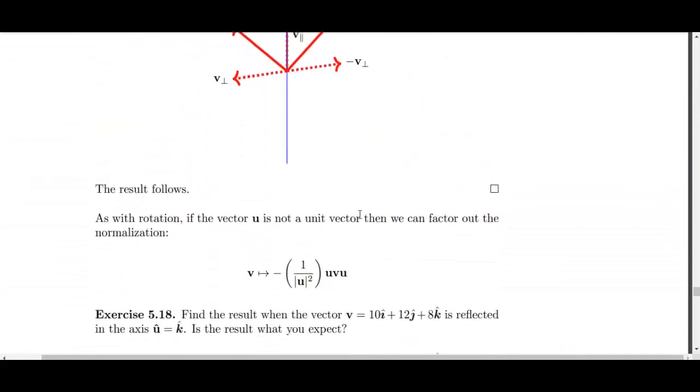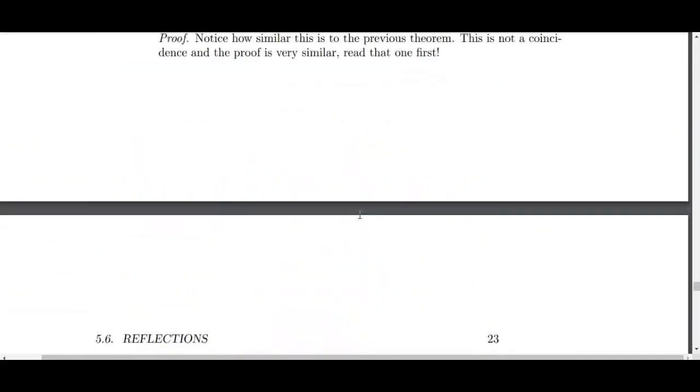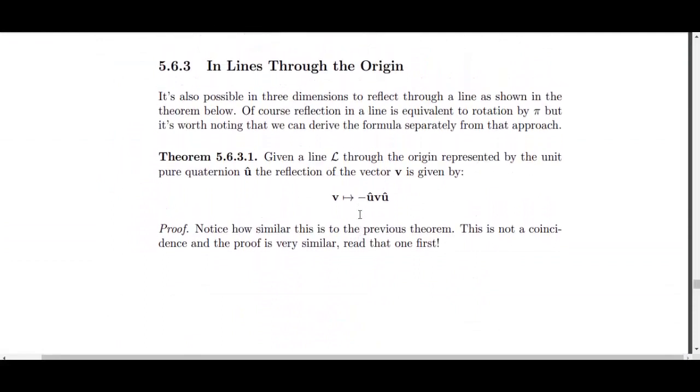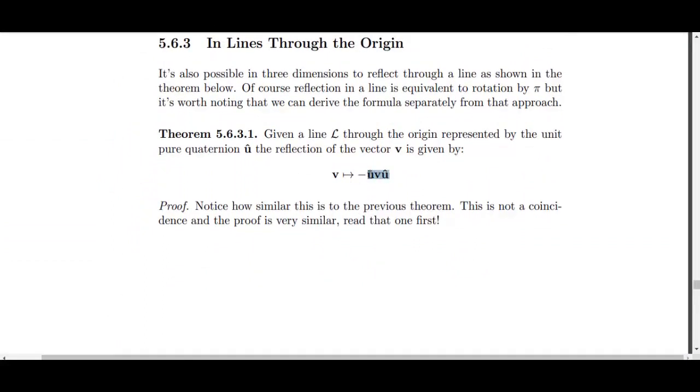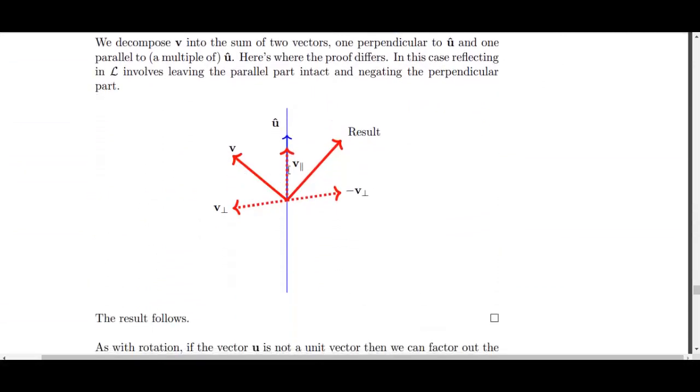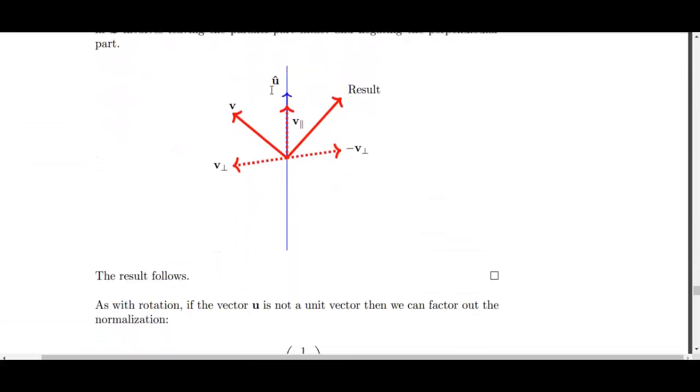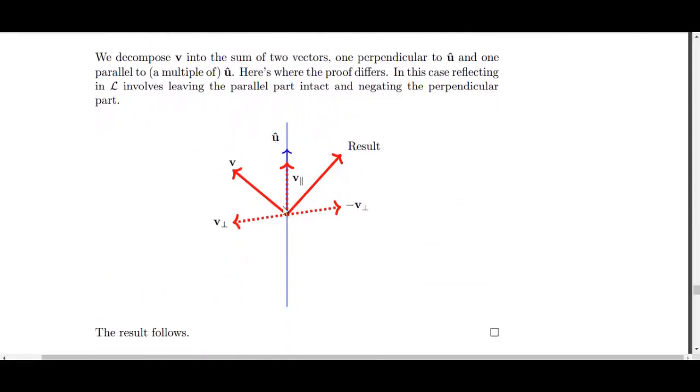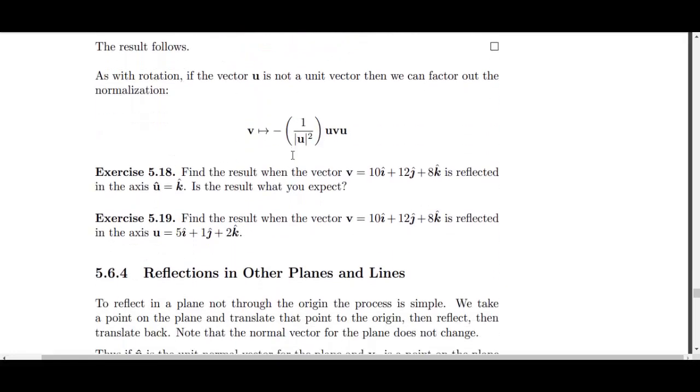If you read this proof, you will notice that there is a reason why this expression is very similar to the expression of the last theorem. And we have a picture here where the vector u is the direction vector of a line, and we have a similar expression here when this u is not normalized.